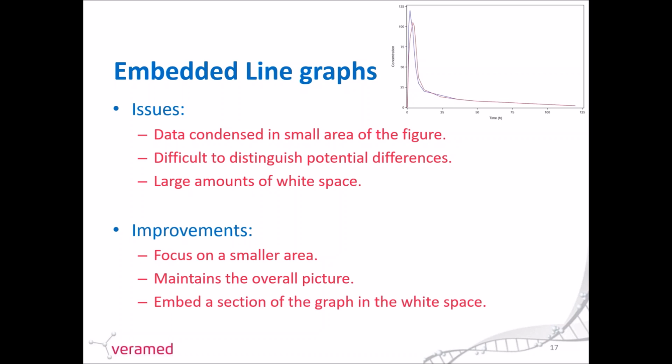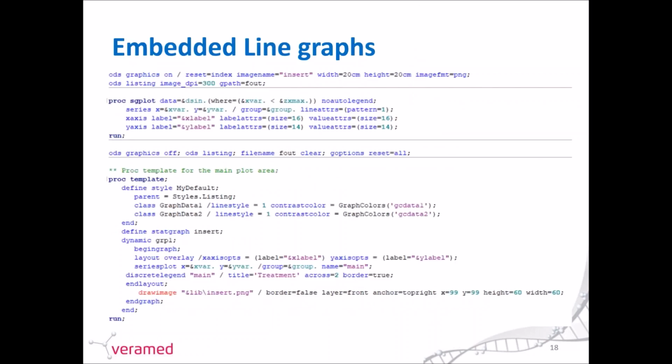So we're going to embed a smaller section of the graph within that white space in the top right corner. To do this, I've used a combination of SGPLOT and proc template. If you needed to, you could do this twice with proc template. It was just not necessary in this example.